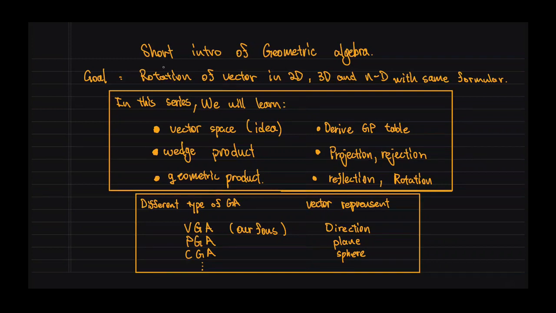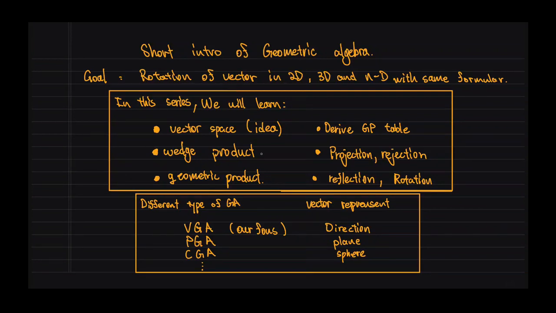In order for us to do the rotation, in this video series we will learn vector space. However, we will not go into the precise definition of a vector space, but we will learn the idea of vector space, which is most important in my point of view. Once you know the idea behind the vector space, if you open any linear algebra book, the vector space definition makes sense.